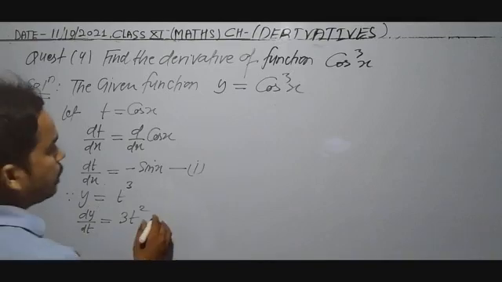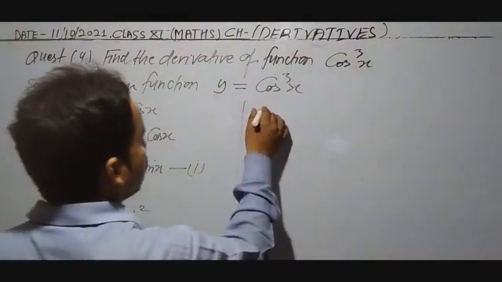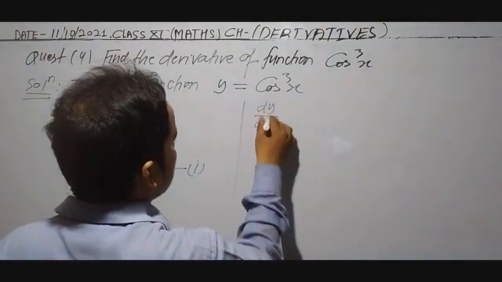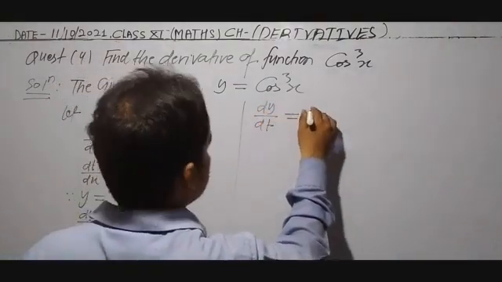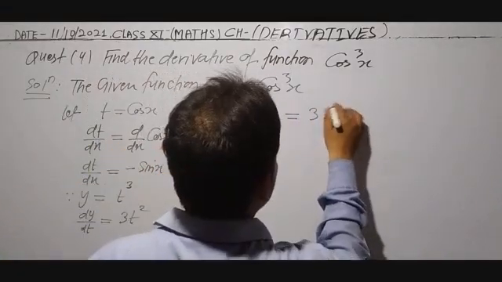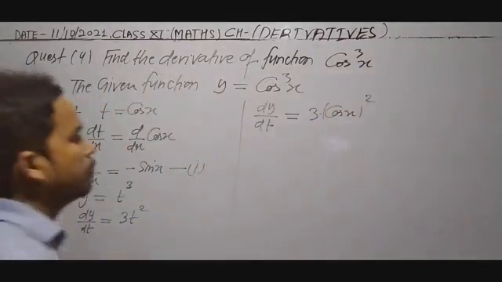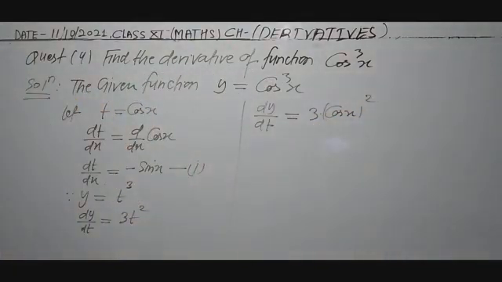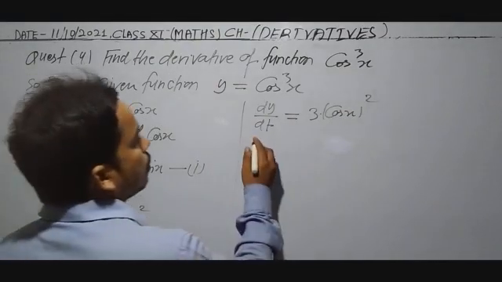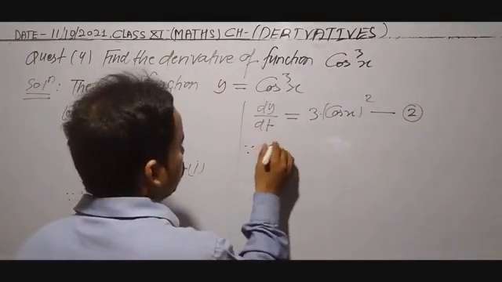So dy by dt is equal to 3 times t square. t result is cos x, 3 times cos square x or cos x square. Consider equation 2.